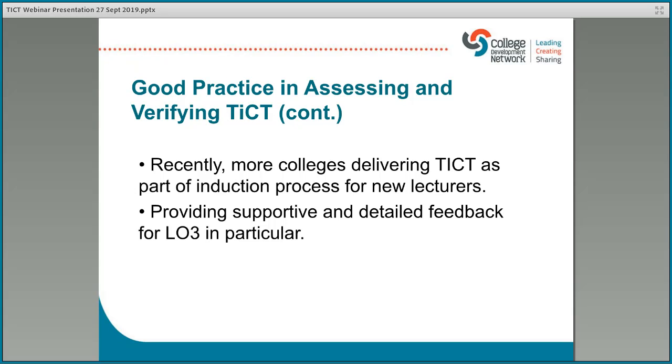Depending on the college arrangements and the staffing resources, it is something that can be highly beneficial to support and help integrate new staff and ensure they get up to speed and are able to deliver effective lessons very quickly. The Teaching Colleges Today programme was originally designed to provide this early introduction to the development of key competencies.